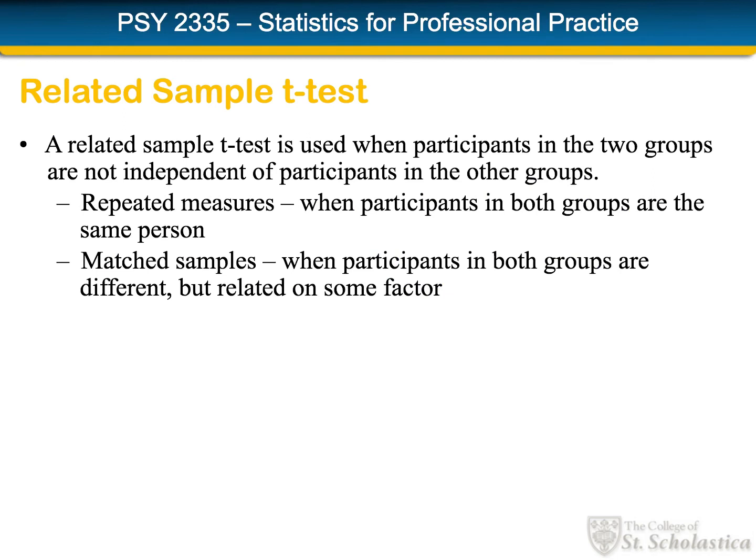The reduced variability in our related samples t-test makes it easier to detect subtle effects because each person or each member of the pair is serving as a control for their own data.